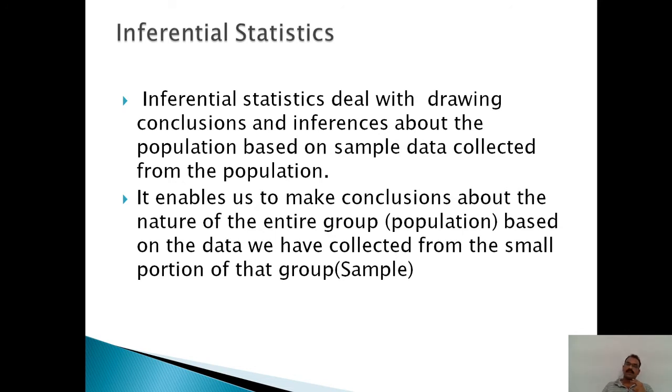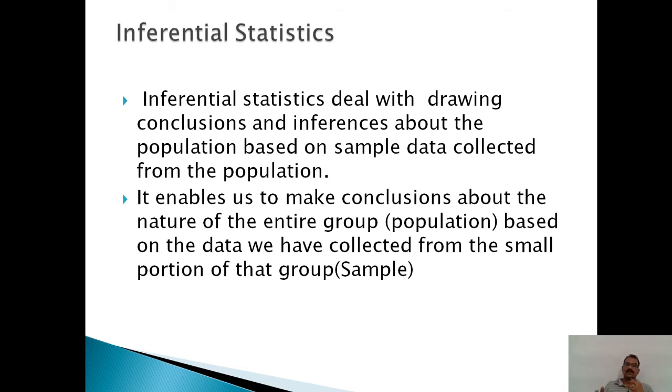That means we are taking a sample from the population and collecting data from the sample, and on the basis of studying the sample, we will come to the conclusion that the data collected from the sample belongs to the population. So it enables us to make conclusions about the nature of the entire group. That means population. We are not studying the entire elements of the population. We are just studying the sample taken from the population.